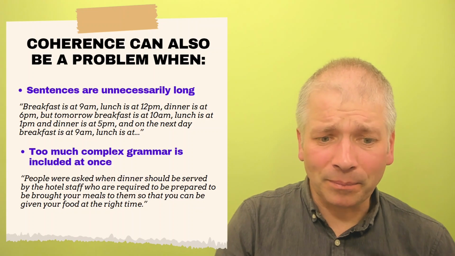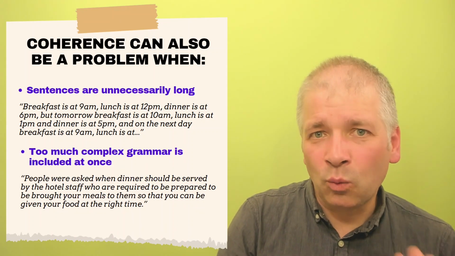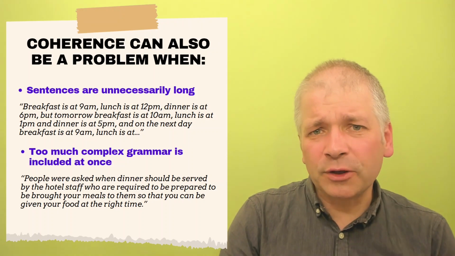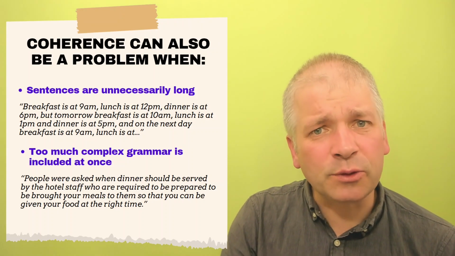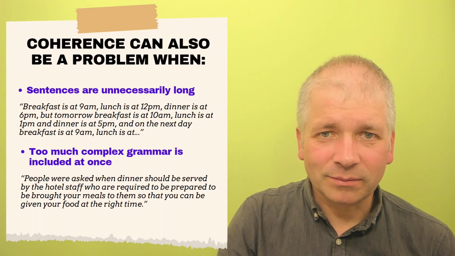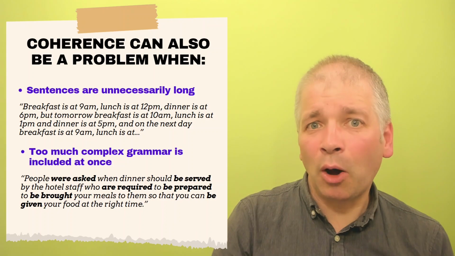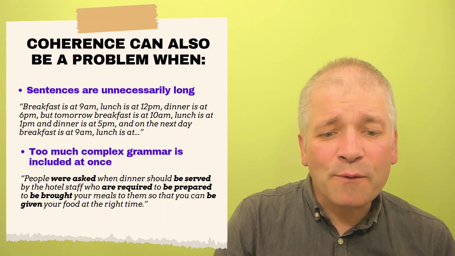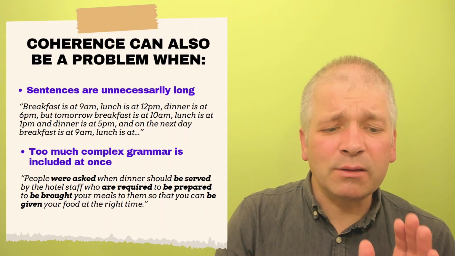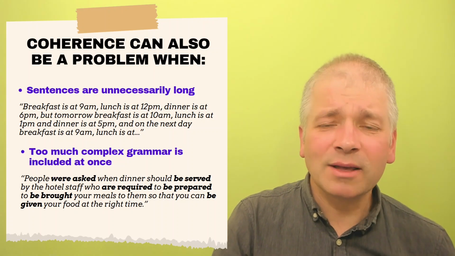Here's another problem. Too much complex grammar is included at once. Can you spot the type of grammar which has been used too much in this example? I've highlighted it in bold here. We have 5 different examples of the passive being used in one sentence.